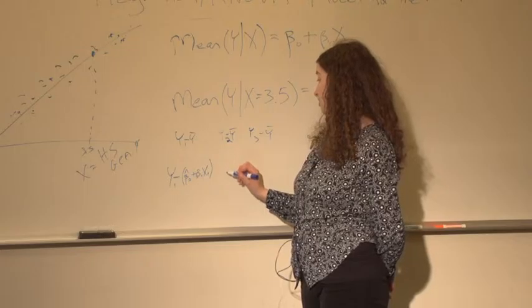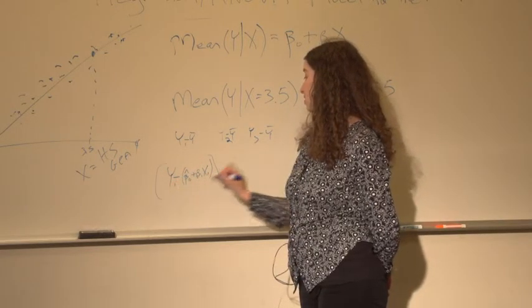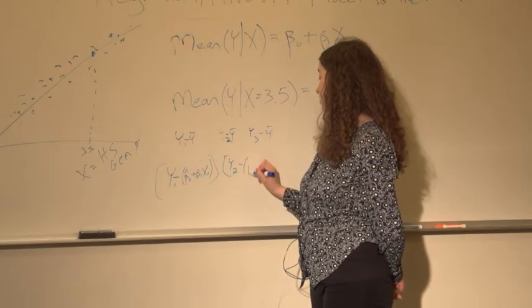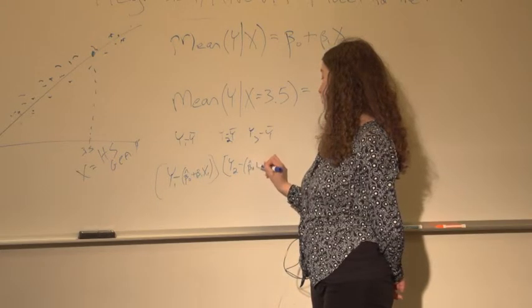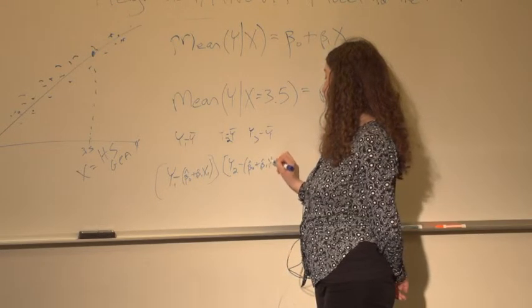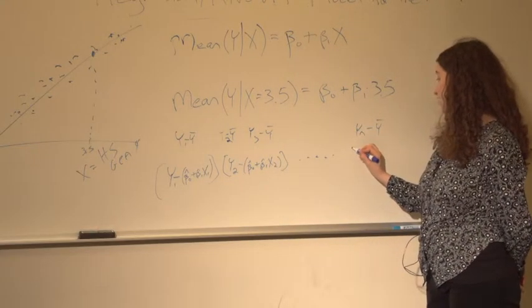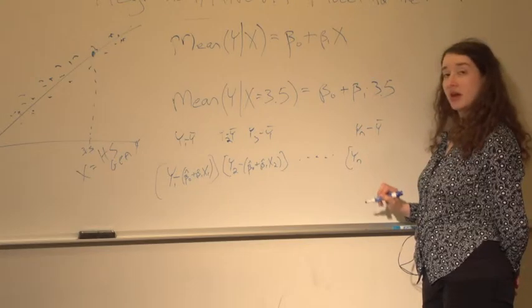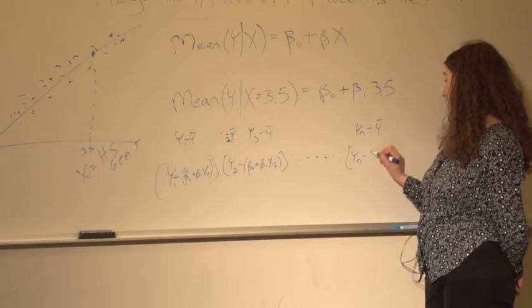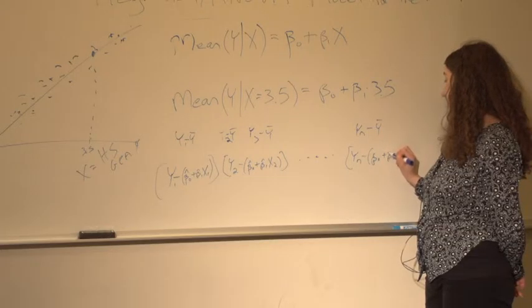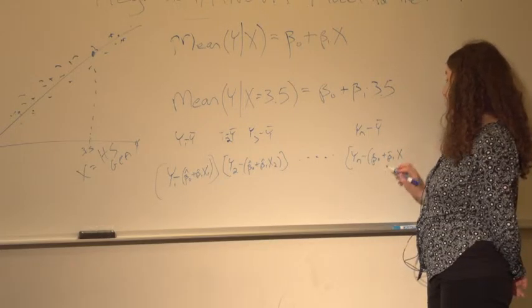And for the second person, I should compare the second person's outcome to what I would get from the model if I plugged it in for the second person. And for this last person, that's their actual college GPA. And this is the college GPA predicted by the model if I have particular estimates of beta 0 and beta 1.